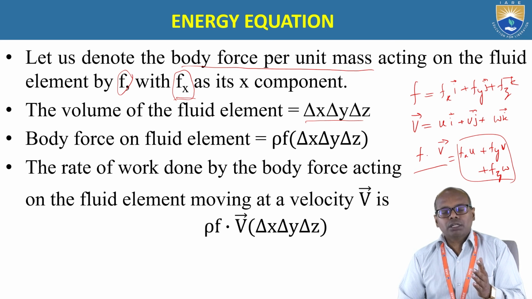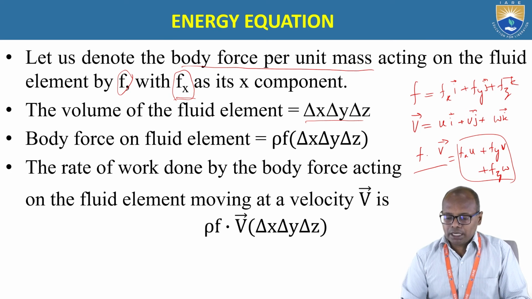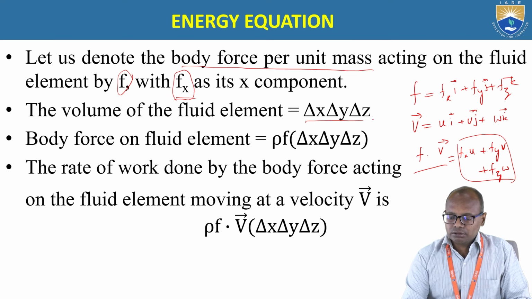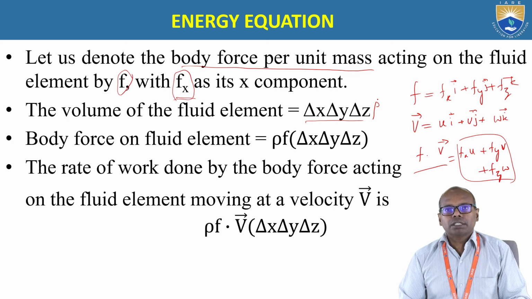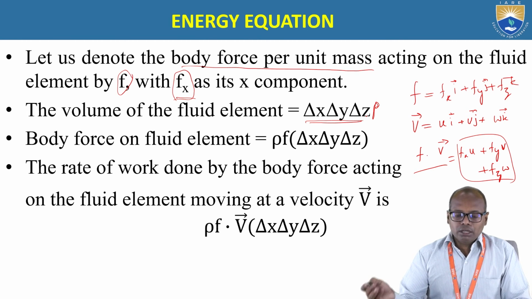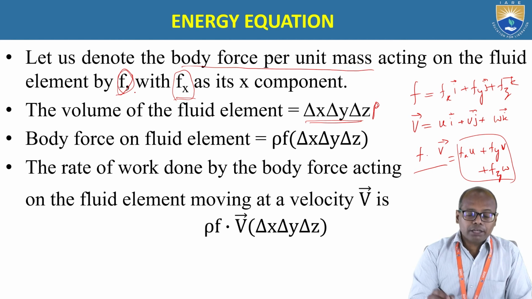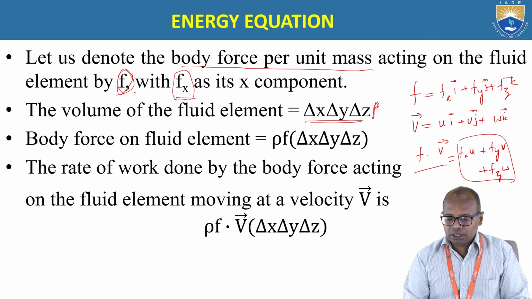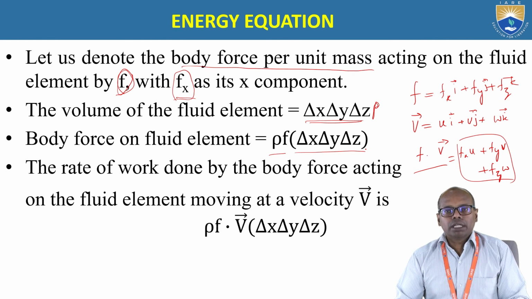Now the mass of the element will be obtained by multiplying the density with the volume. This is the density into volume; if I put that, I will get the mass. The mass per unit volume is F. So the total body force is rho into F into delta x into delta y into delta z.